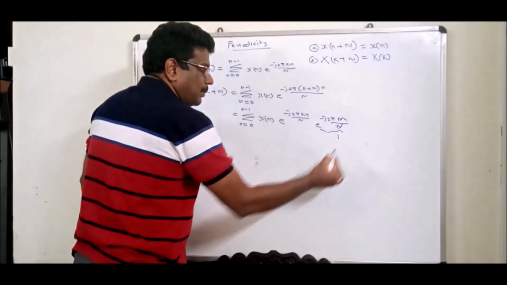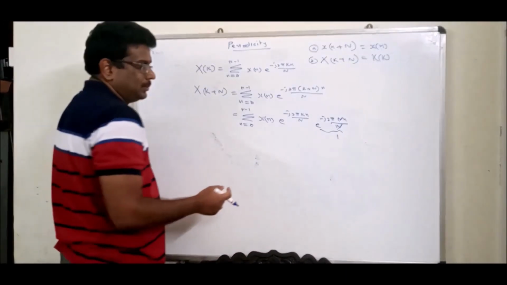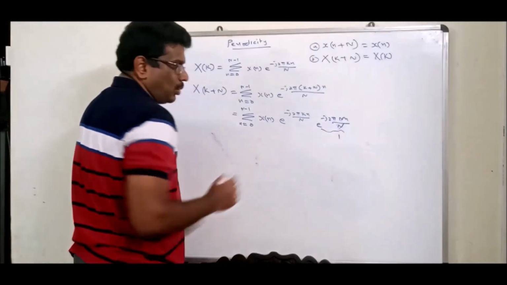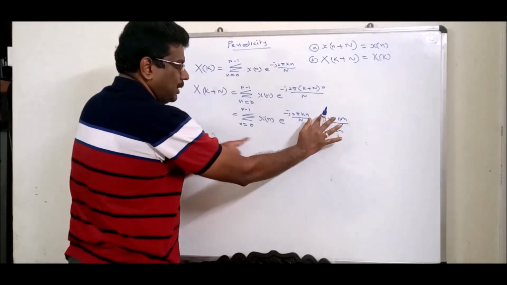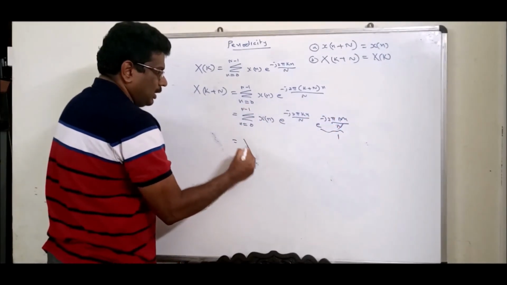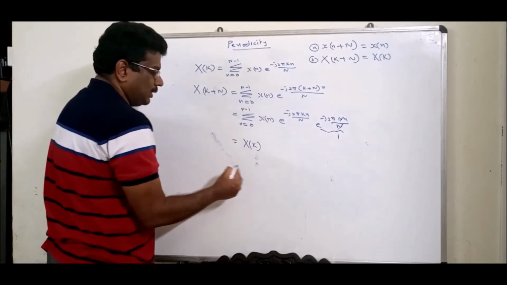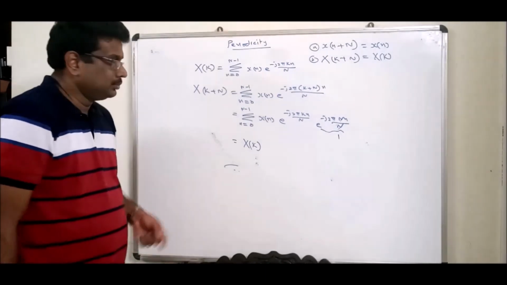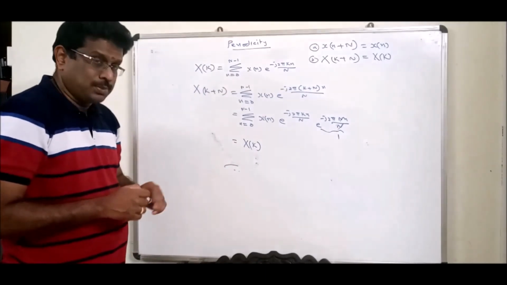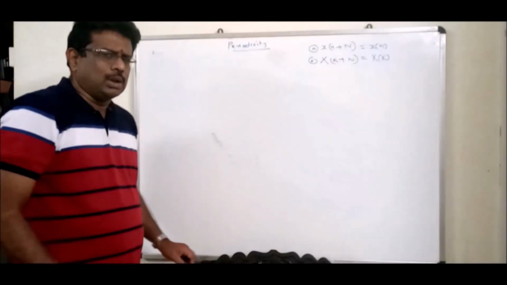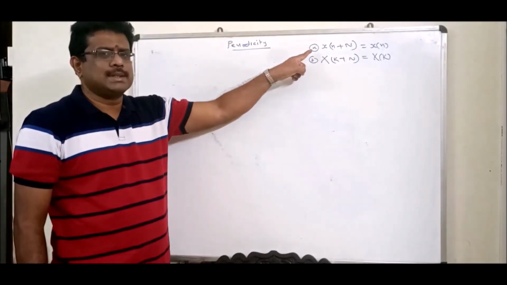Recall, what is its value? 1. So just note, see this. Is it not resembling your DFT formula? Equal to x of k. Hence proved, x of k is equal to x of k plus N. I just proved it.